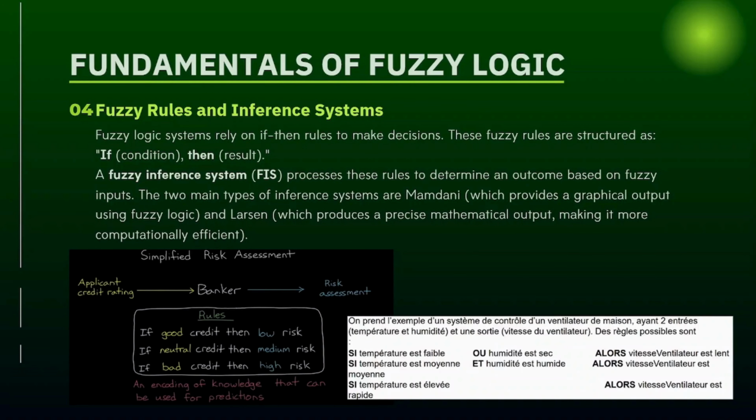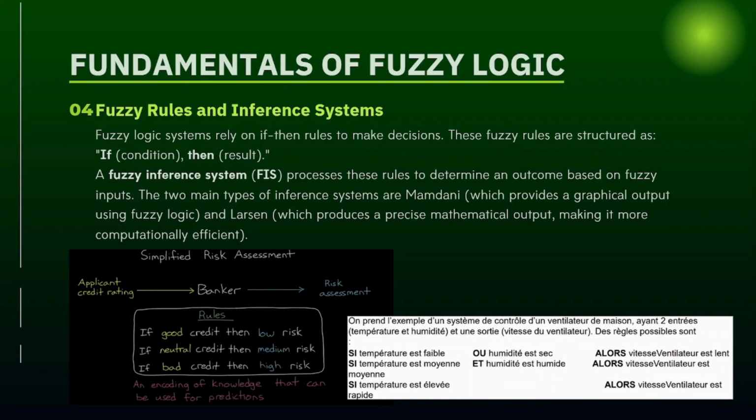These fuzzy rules are structured as if condition, then result. The condition will be fuzzy and the result will be fuzzy too. A fuzzy inference system, which is FIS, processes these rules to determine an outcome based on fuzzy inputs.